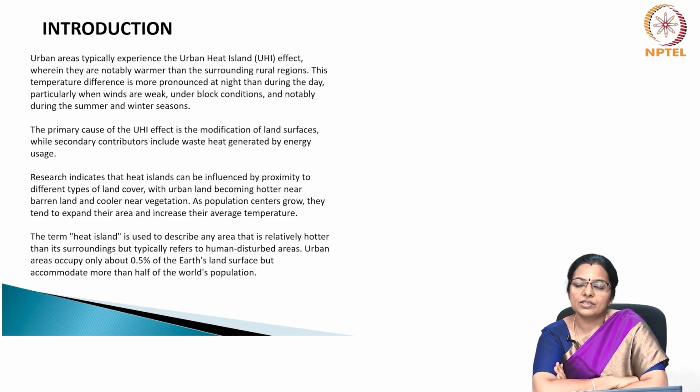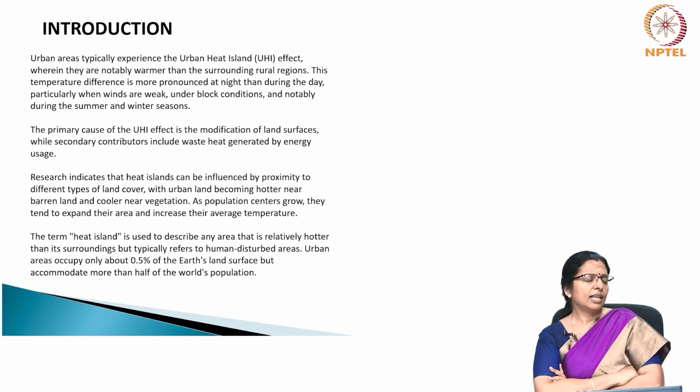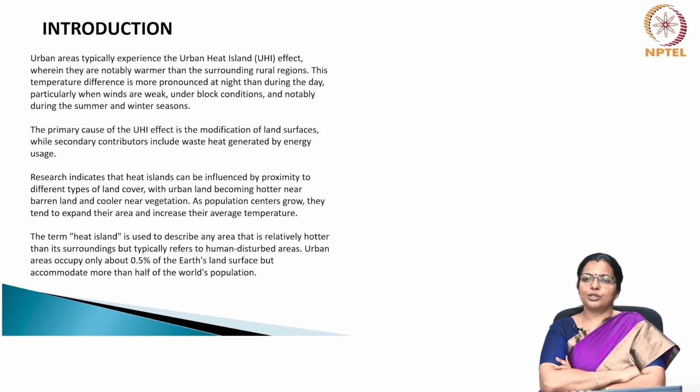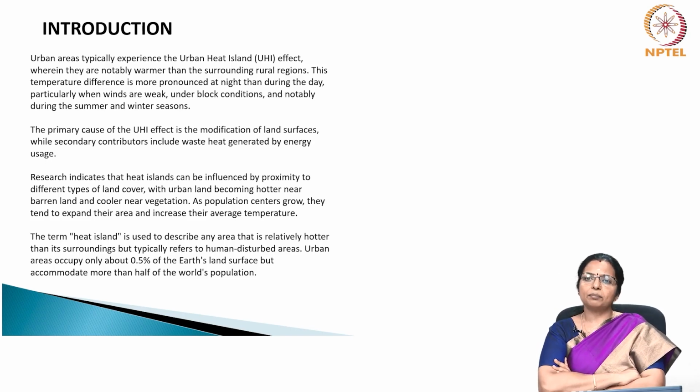As population centers grow, they tend to expand their area and increase their average temperature. The term heat island is used to describe any area that is relatively hotter than its surroundings, but typically refers to human disturbed areas.